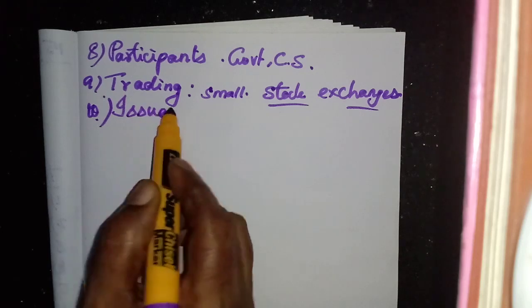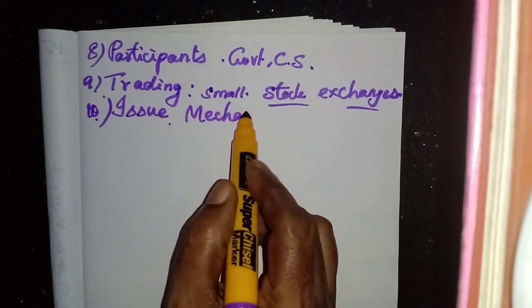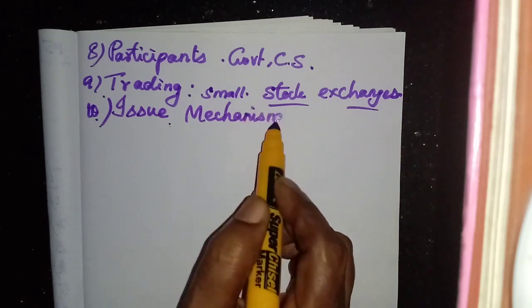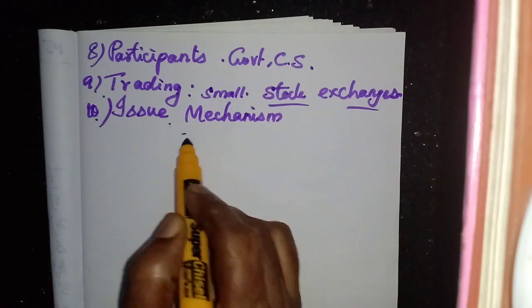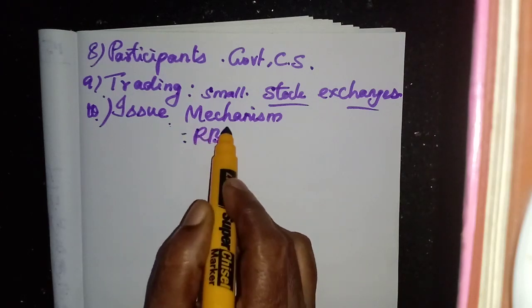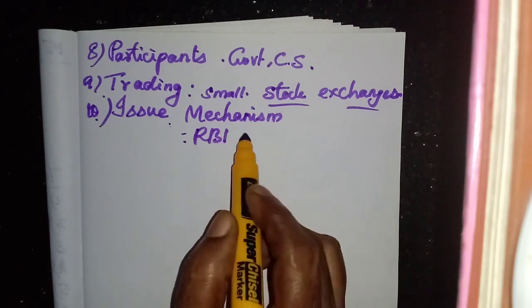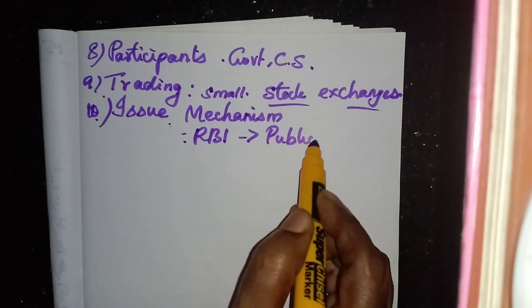Who will issue this bond? The currency notes are issued by the government, in the same way, who is the issue mechanism? Here we know our central bank, the RBI. The Public Debt Office of RBI.